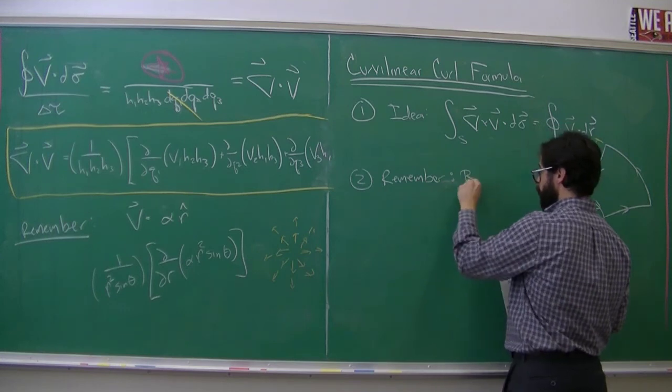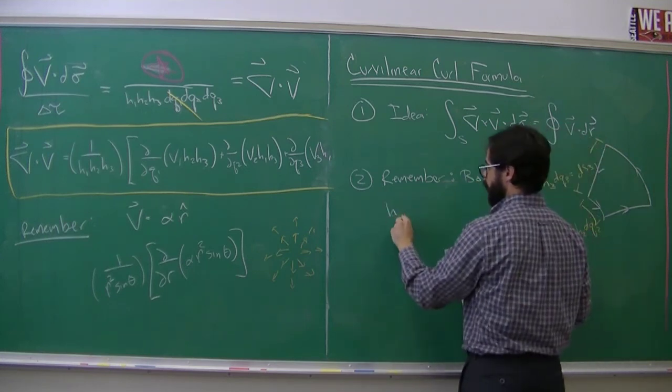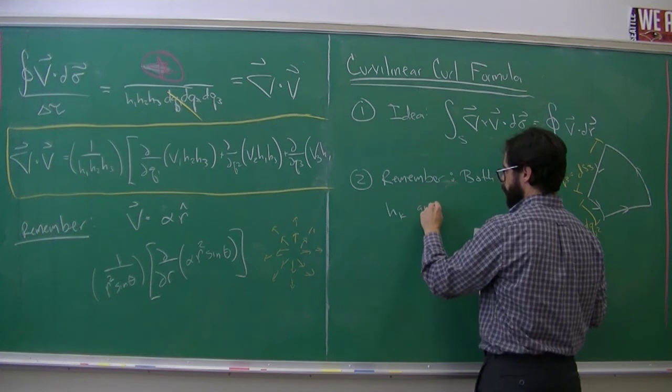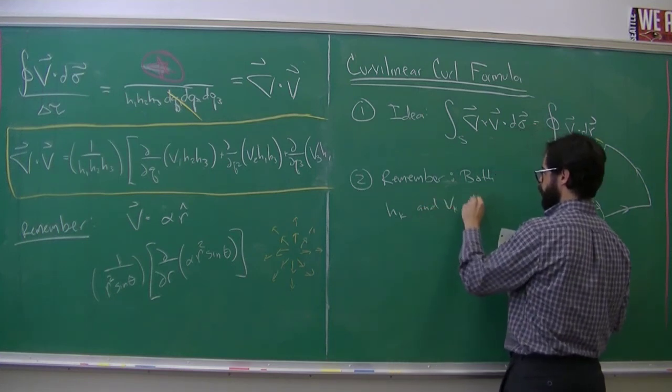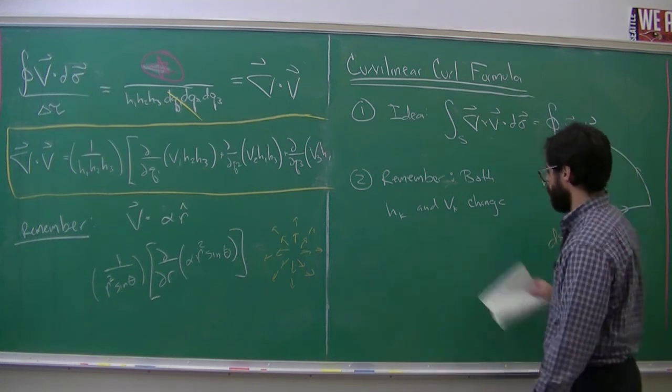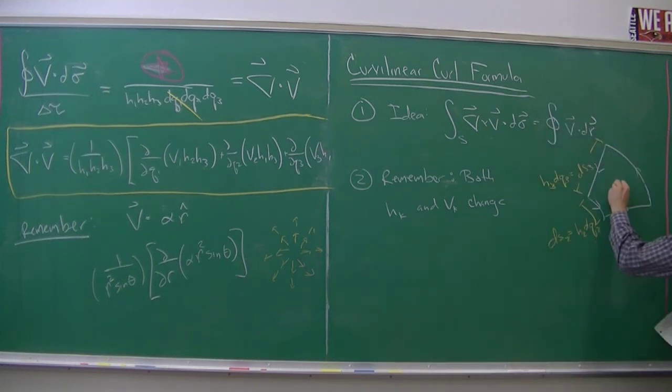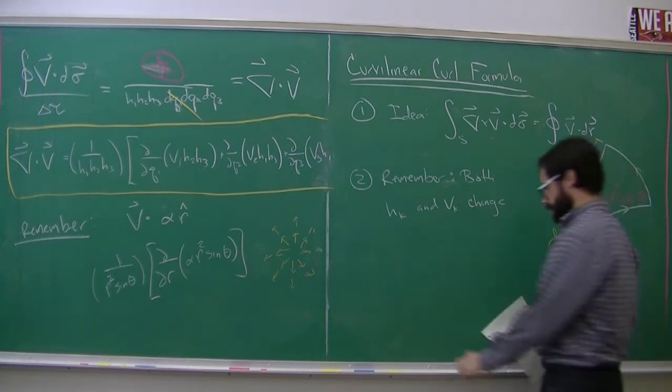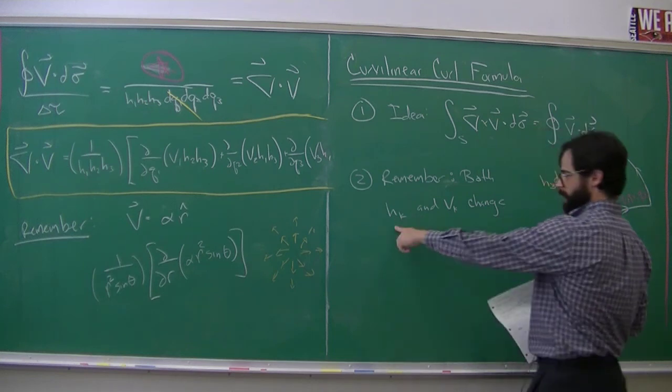Remember that both hk and vk change, right? So you have to evaluate hk and vk at their boundaries. So this might be v of q1, q2, q3. So you have to move that to the boundary when you take the line segment integral. But then you also have to move the scale factors because those are also functions of the variables q.